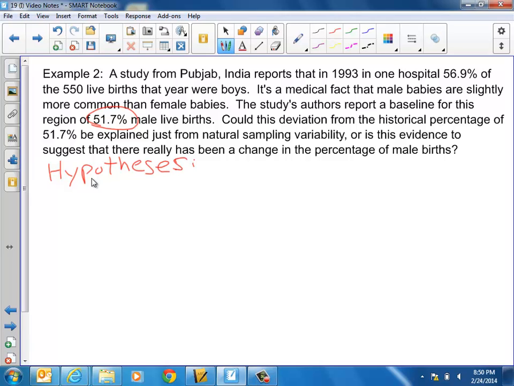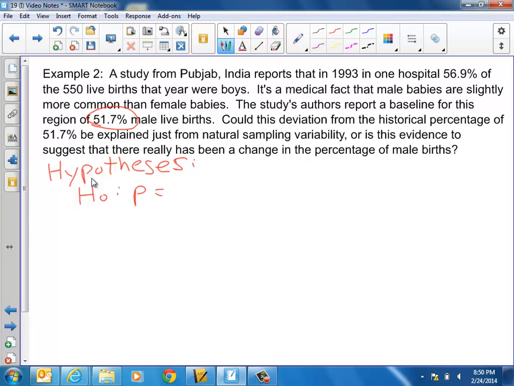The first is the baseline assumption. That's what the defendant is claiming to be true, H naught. I wouldn't care too much if I were you about where this capital H naught comes from. It's just old terminology at this point.